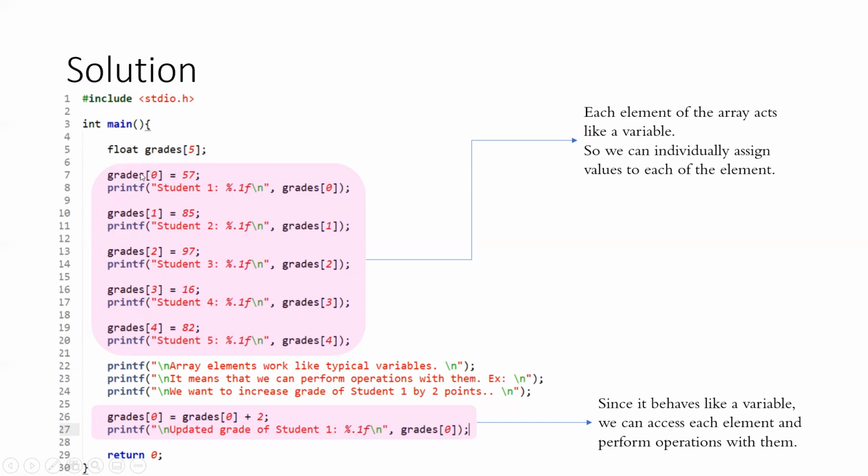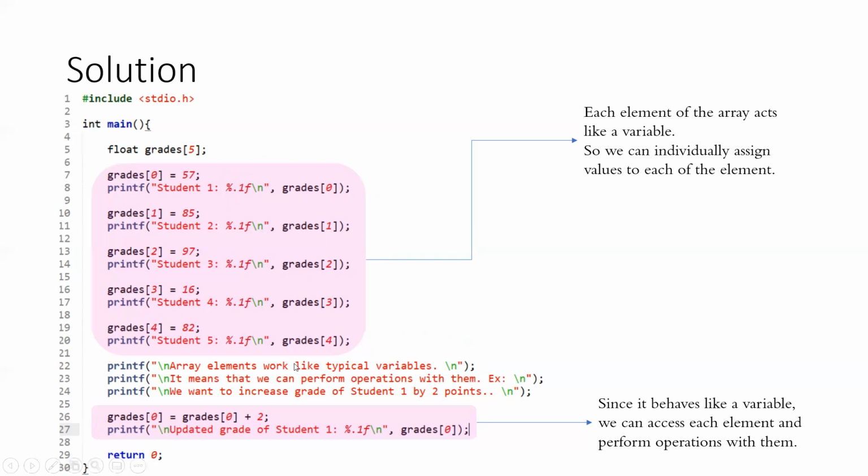As we have mentioned, each member of the array acts like an L value, like an ordinary variable, where each of these L values can be assigned values. So we can assign grades of 0, or the first element in the array, as 57, right? Then we also assign 85 to the second student, 97 to the third, 16 to the fourth, and 82 to the last student.